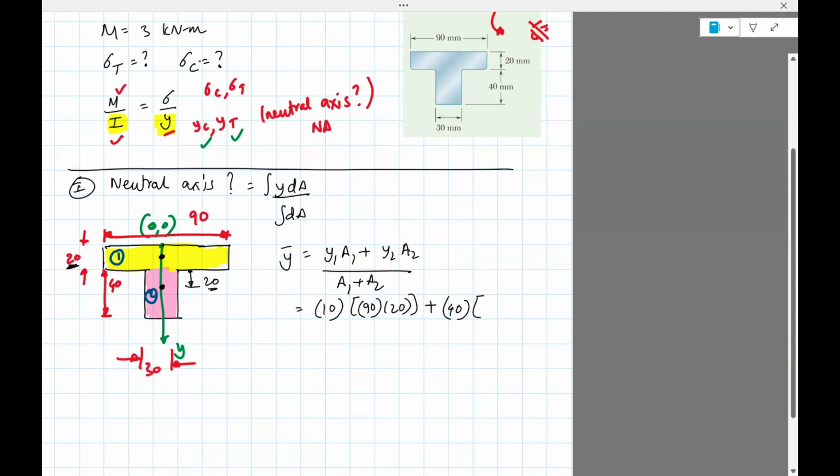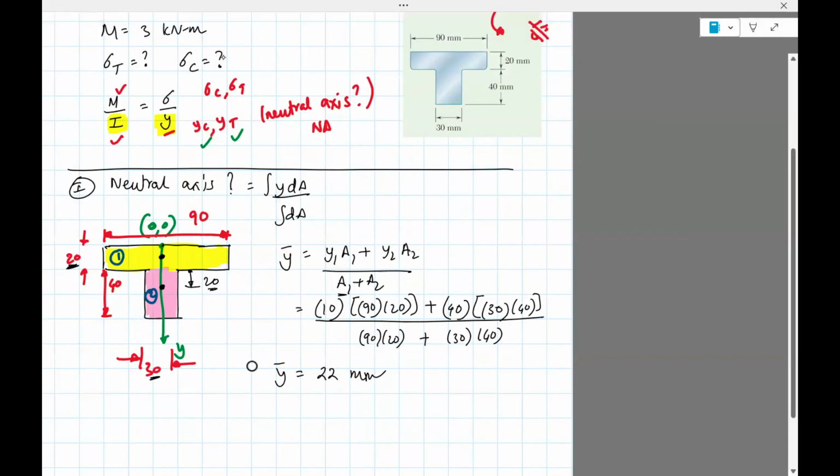And then the area of the pink rectangle is 30 for the base, so the width, and 40 for the height, divided by the area of 1, so it's 90 times 20, plus area of 2 is 30 times 40. Apparently, this comes out to be 22 millimeters.